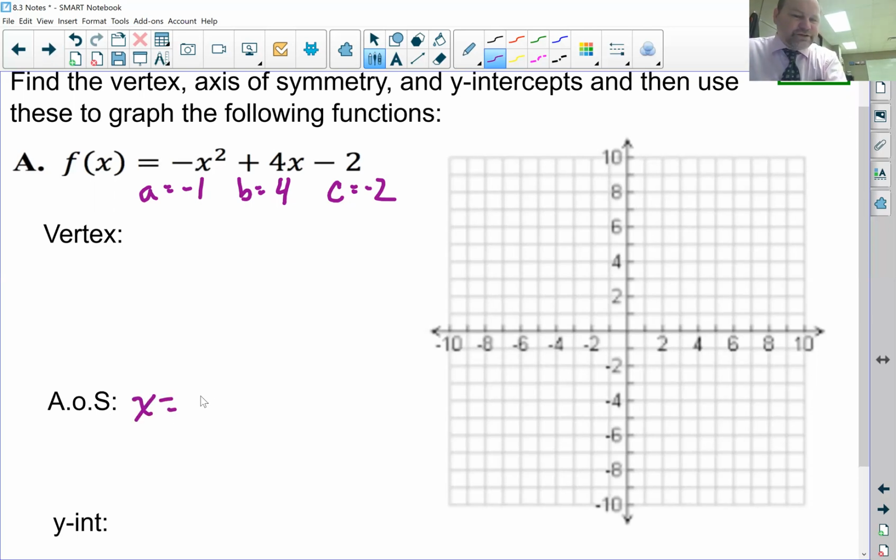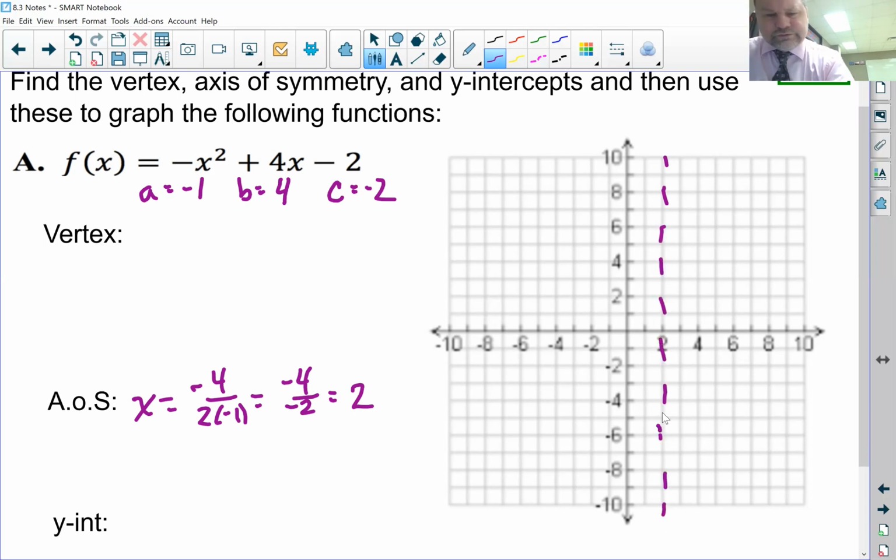Axis of symmetry is the opposite of B over 2 times A. So x equals 2 is my axis of symmetry. My vertex is going to be at 2 something. Now to figure out that something, I'm going to plug 2 in for x.